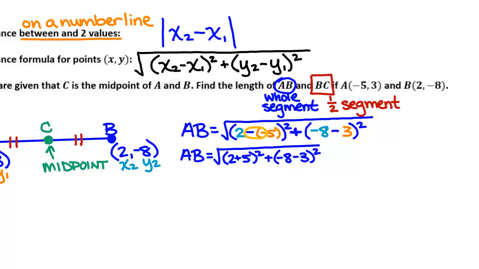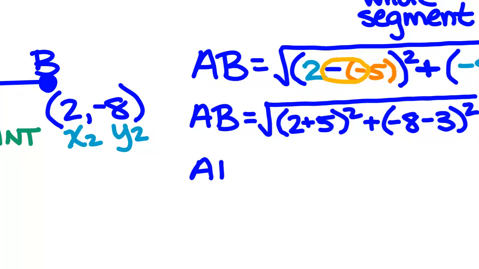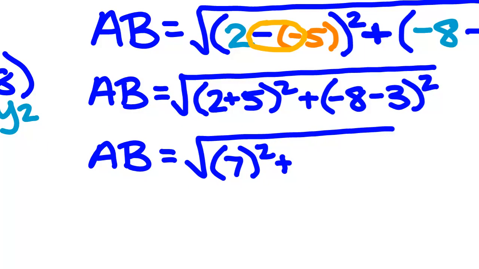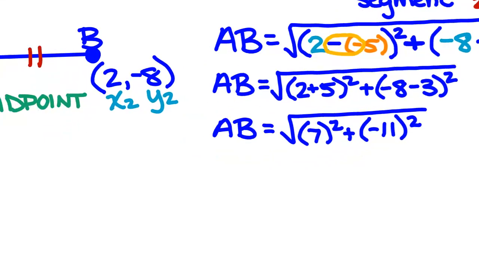What is 2 plus 5? 7. So underneath my square root, I have 7 squared plus, what is -8 minus 3? -11 squared. What is 7 squared? 49.